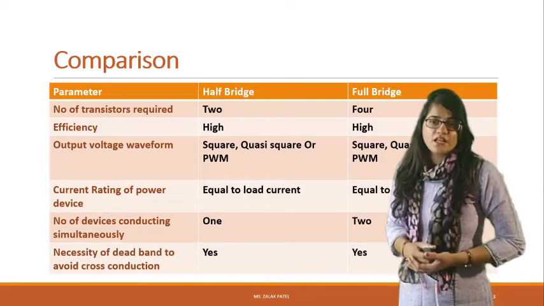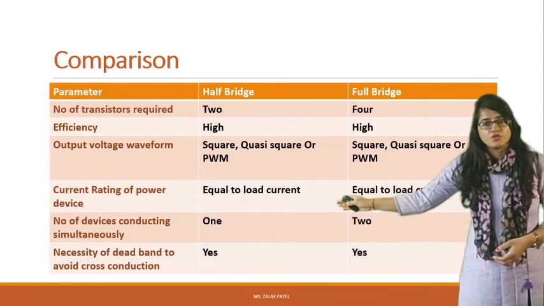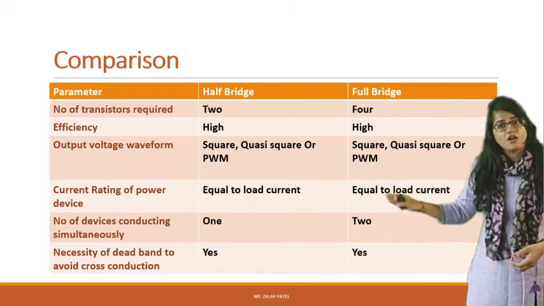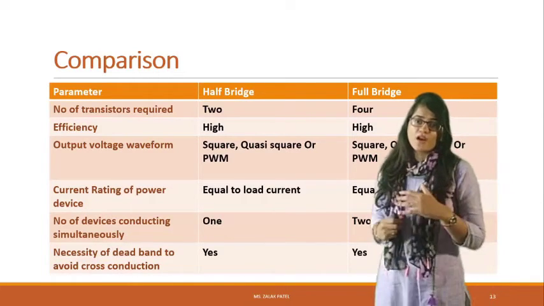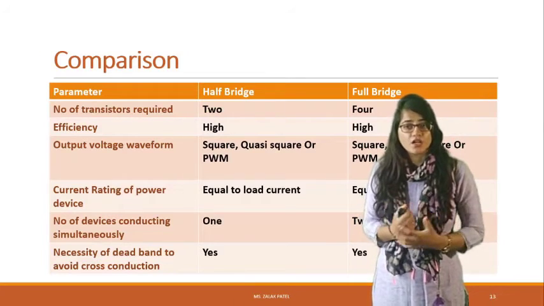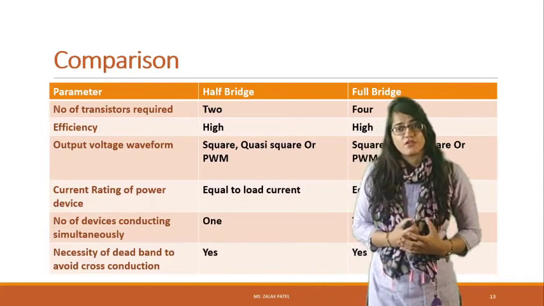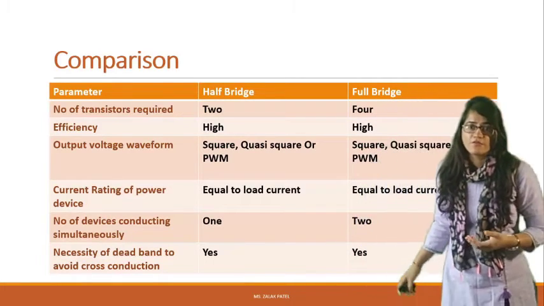In case of current rating also, it will be equal to the load current in both cases, either the full bridge or the half bridge. In both cases, the current rating depends on the load current. The power rating is the multiplication of voltage and current term, so it can be divided by the power factor.